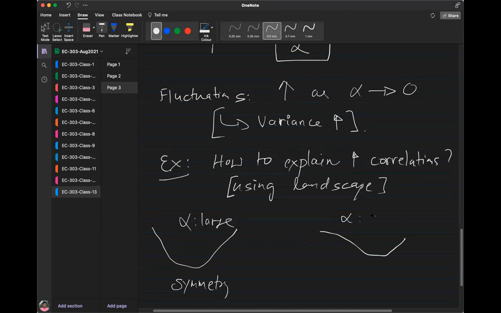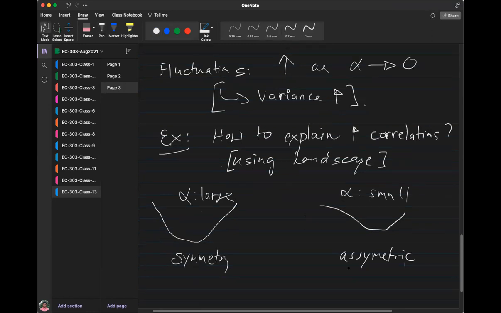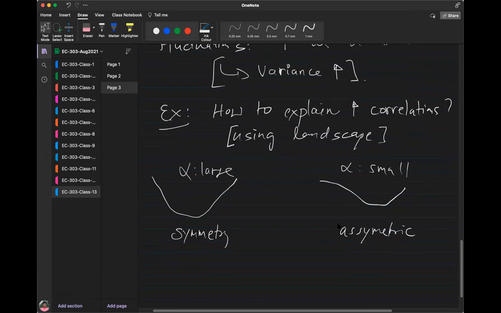This landscape becomes more and more asymmetric when alpha becomes small. What do you think it will have impact on fluctuations again?